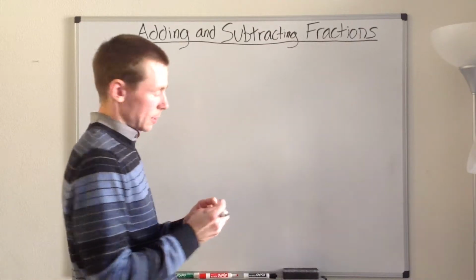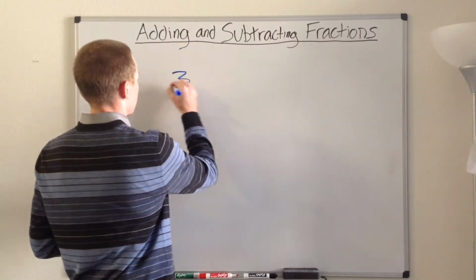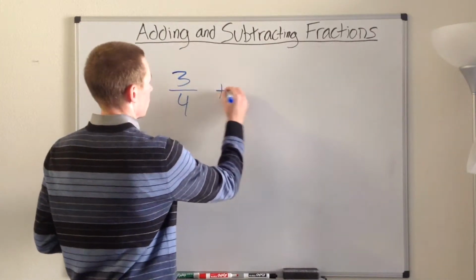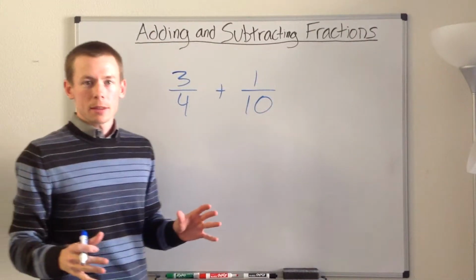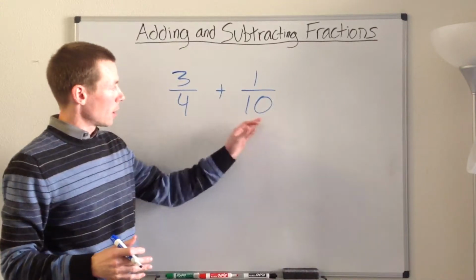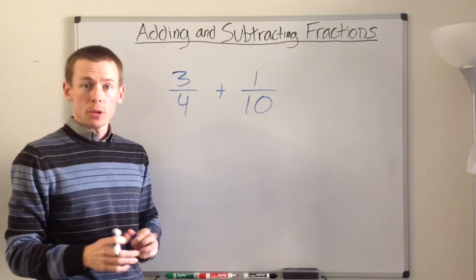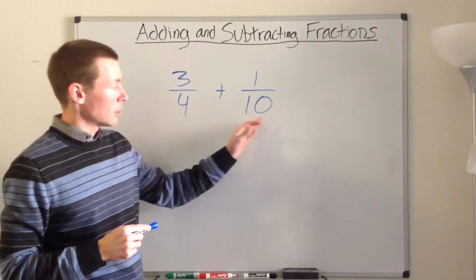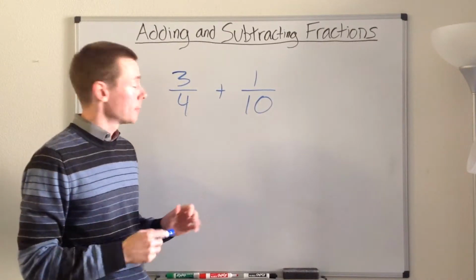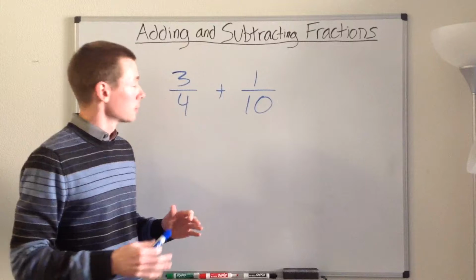Let's look at 3/4 plus 1/10. So obviously right off the bat they are unlike, so we're going to need to adjust them and find equivalent fractions that have the same denominator, preferably the lowest one, or then we'll have to reduce.